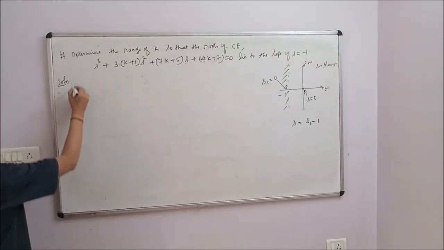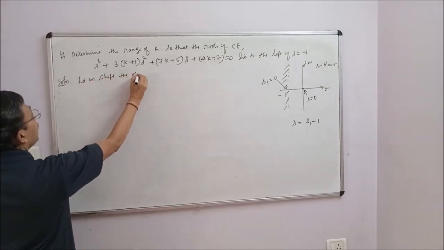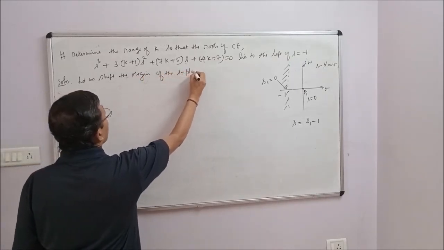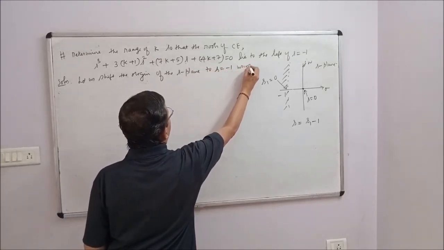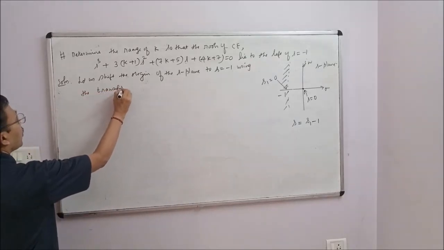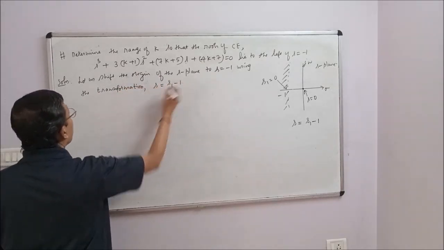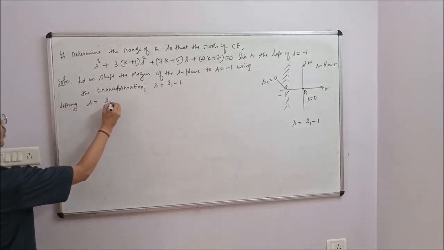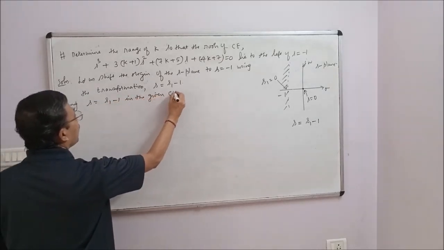So now what we do is, let us shift the origin of the s plane to s is equal to minus 1 using the transformation s is equal to s1 minus 1, letting s is equal to s1 minus 1 in the given characteristic equation.